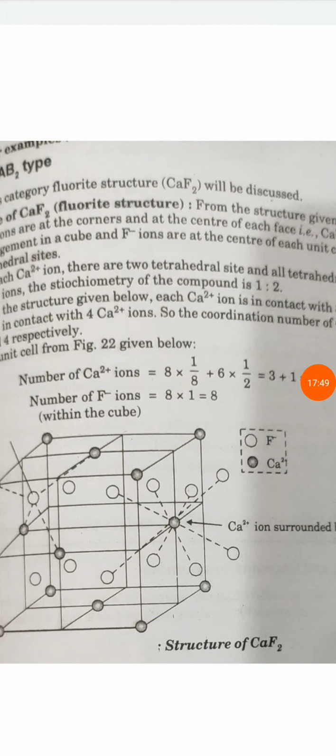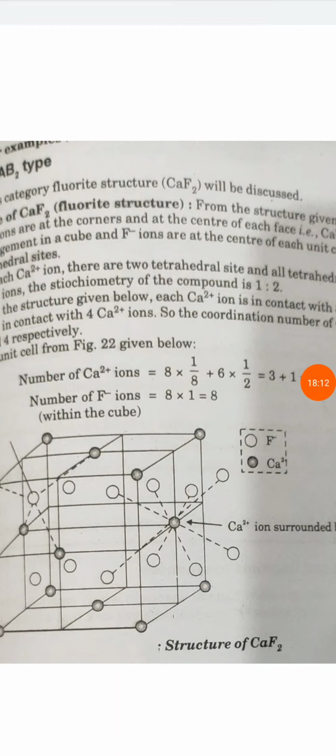So what is the radius ratio? It is defined as the ratio of the radius of the cation to the radius of the anion. The utility of radius ratio is that it helps in predicting the structure of ionic solids, that is, the most stable arrangement of ions.